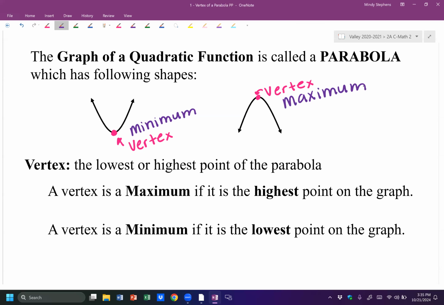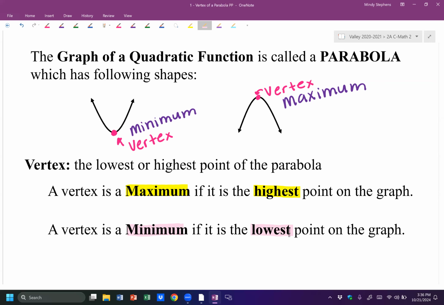If you have one that looks like an upside down mountain, it's going to be a maximum. It also says that in your notes: maximum is the highest point and minimum is the lowest point on your graph. So what we're doing today is identifying what the vertex is, and also whether it is a maximum or minimum.